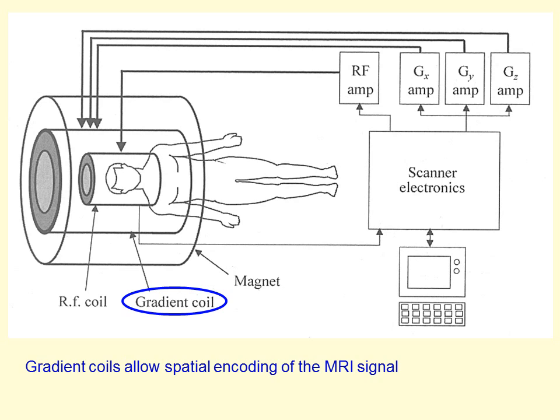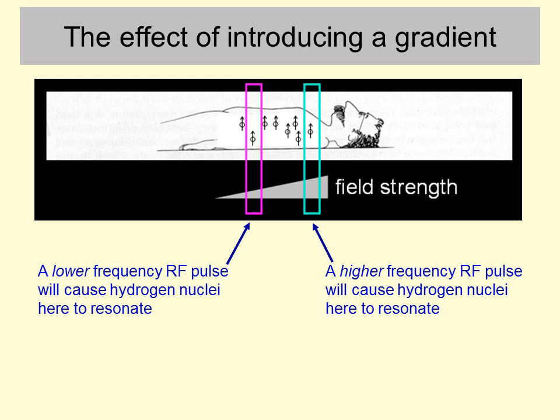Now, why it's important to be able to do this and why it allows us to actually encode a signal spatially is because of the caveat I mentioned earlier. The resonant frequency of the hydrogen nuclei actually varies as the strength of the magnetic field that they're in.